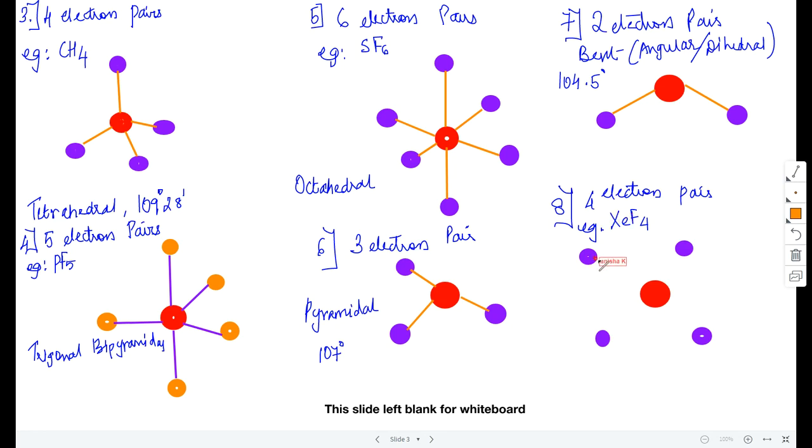Okay, here if you see, the name over here is square planar.